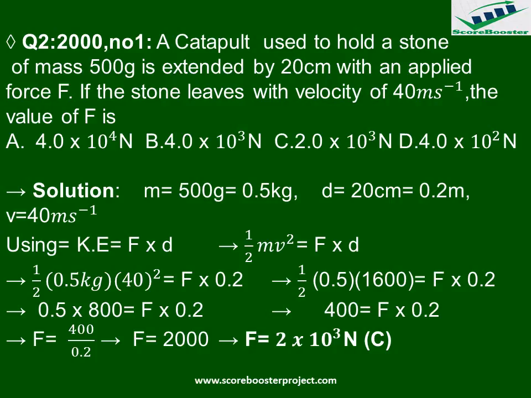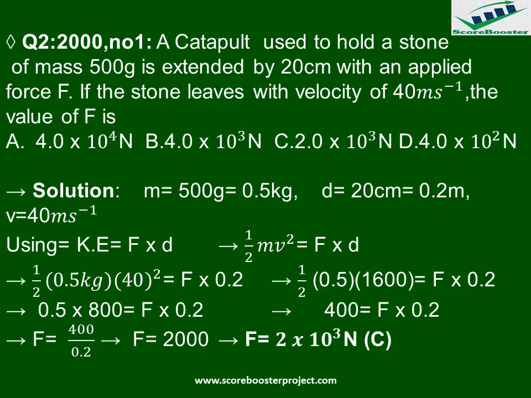So, substituting the parameters, we have half into m, which is 0.5 kilogram, then into v square, which is 40 square, will be equal to F, that is the force, times distance, which is 0.2.